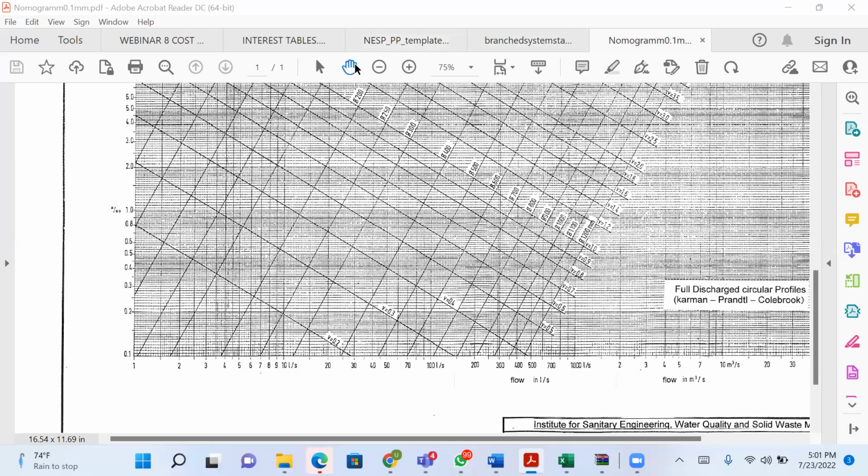Okay, I'll annotate here. So this is 2.3. And I'll take it up until I get to 2.